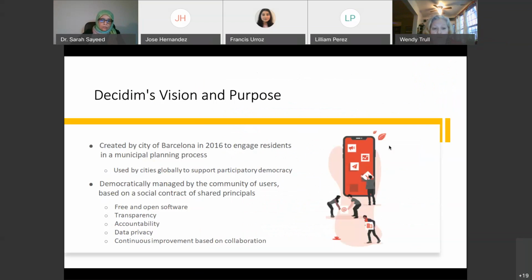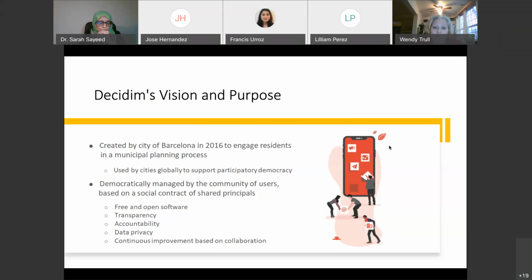Just some real brief context on the vision and purpose of this platform. Other cities have used Decidim as a way of transforming the way government engages residents. And so our vision really is to have agencies and communities be able to look at this as a front door to resident engagement. It was created by Barcelona in 2016 to engage residents in a municipal planning process.